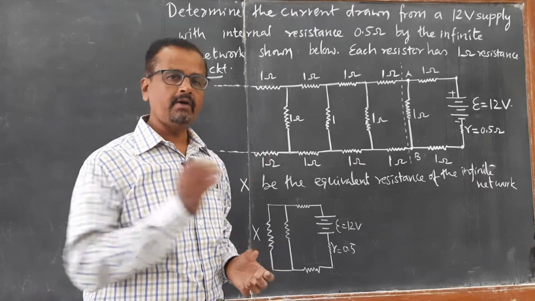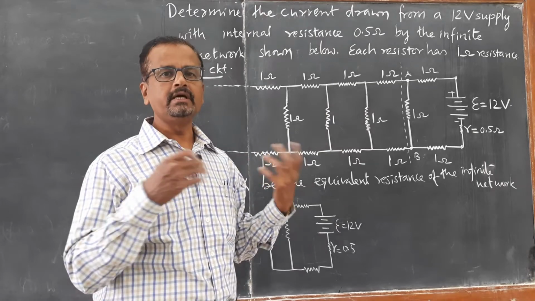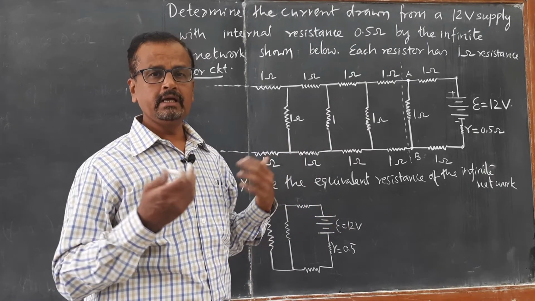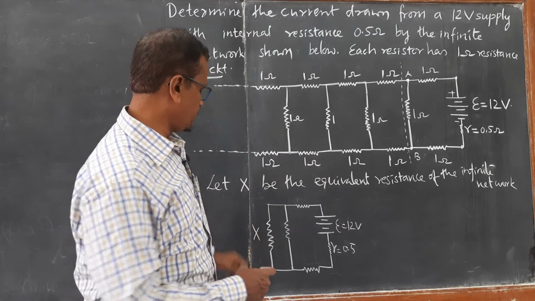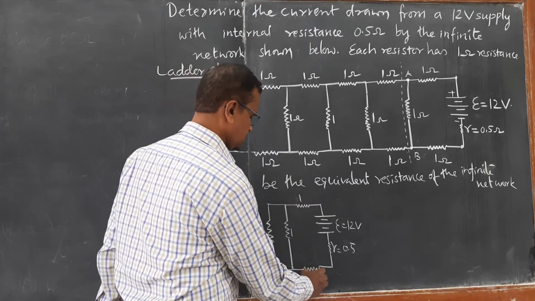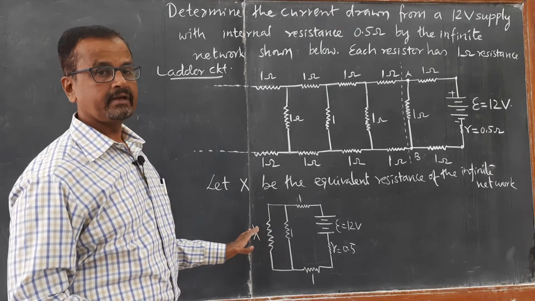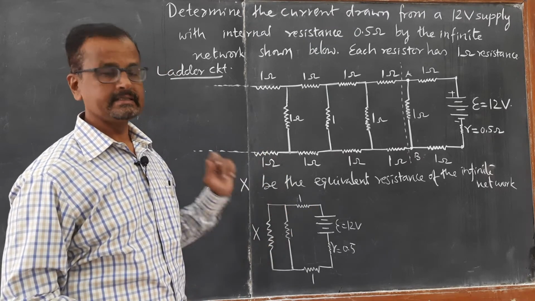Even if you add one more pattern or two more such repetitions, it will not increase, since it already is an infinite ladder network. Therefore, if this is taken as X, then I can find the equation for the equivalent resistance of the infinite ladder network.